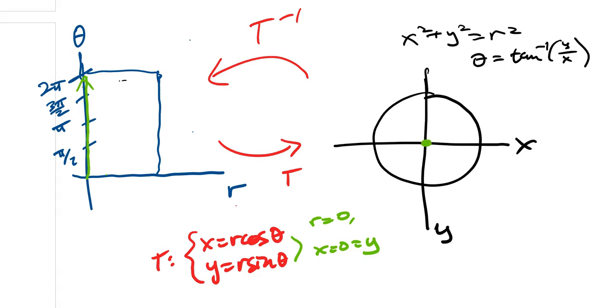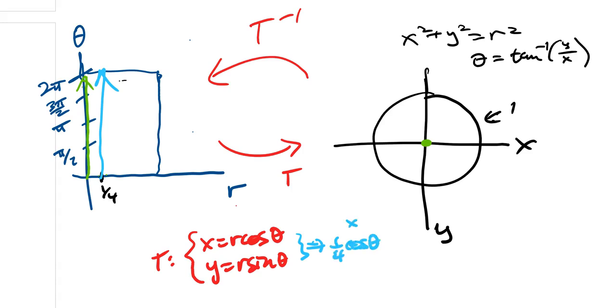All right, now let's look at when r is always, let's say, a fourth, and theta can be anything you want it to be. So that's this line right there. Then x is 1/4 cosine theta, and y is 1/4 sine theta.